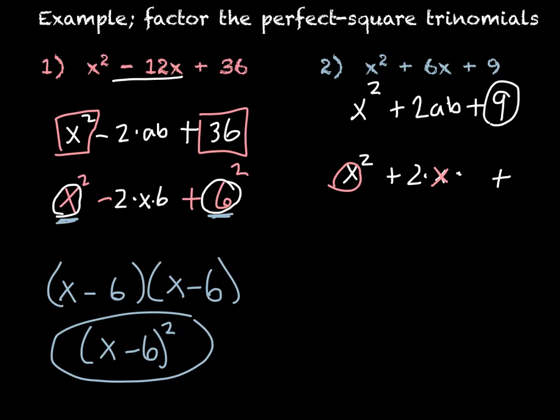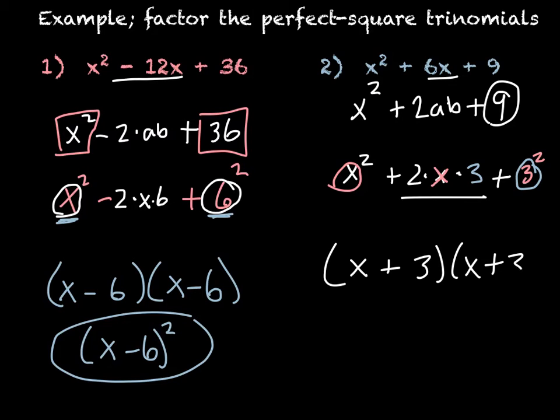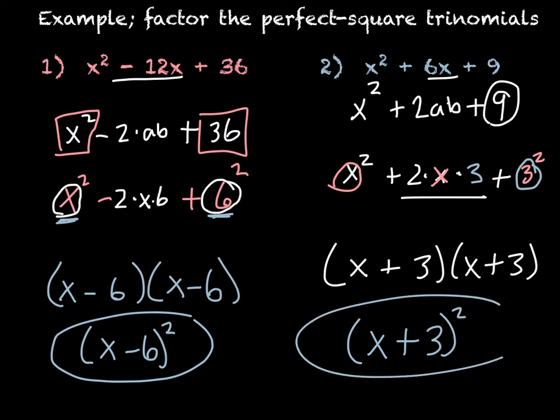So I'm going to find my perfect square in the 9, so that would be 3 squared. So that makes my b 3. If I take 2 times 3, I get 6, so that makes sense. So when I factor it out, I have x plus 3, x plus 3, which should also be written as x plus 3 quantity squared. Final answer.